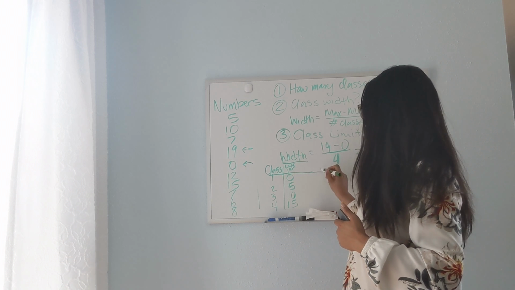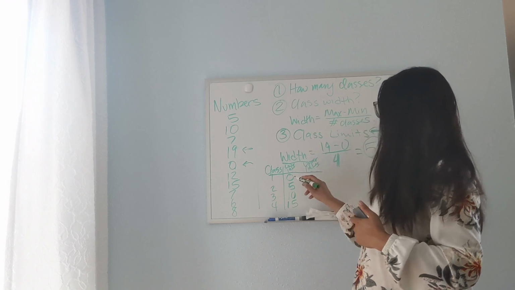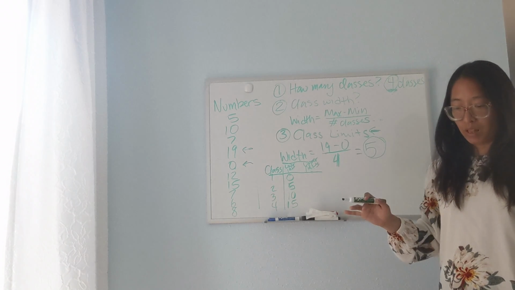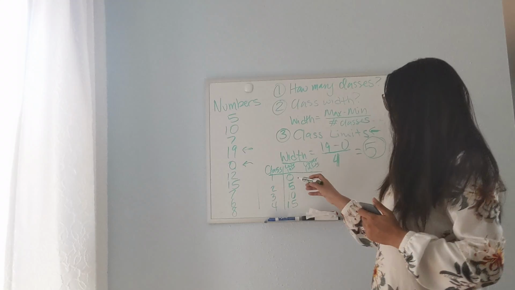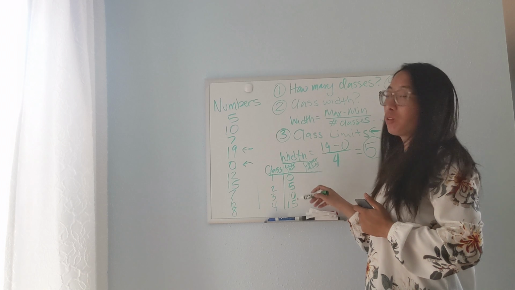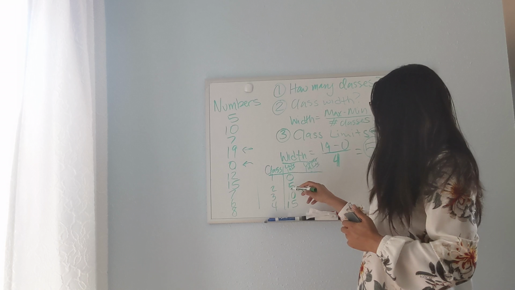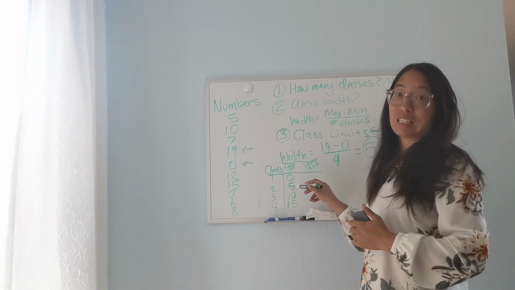Then to figure out the upper limits, because your classes can't overlap in numbers, right? It always has to be individual numbers. They can't overlap. So I know my upper limit needs to be 1 below the lower limit of the next level.